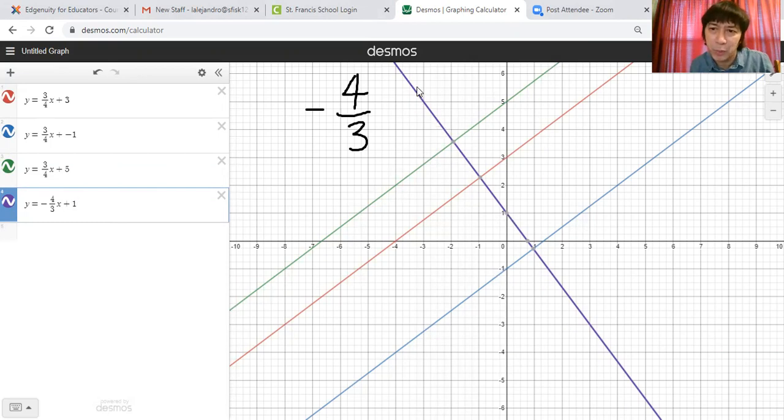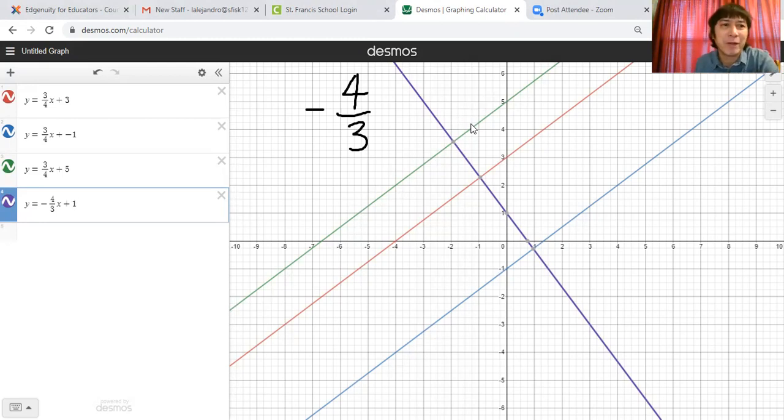Now the purple line is perpendicular. They form a 90 degree angle here. So that's how to determine the perpendicular line to a given line. Use the negative reciprocal of the slope. Get the reciprocal and then reverse the sign.